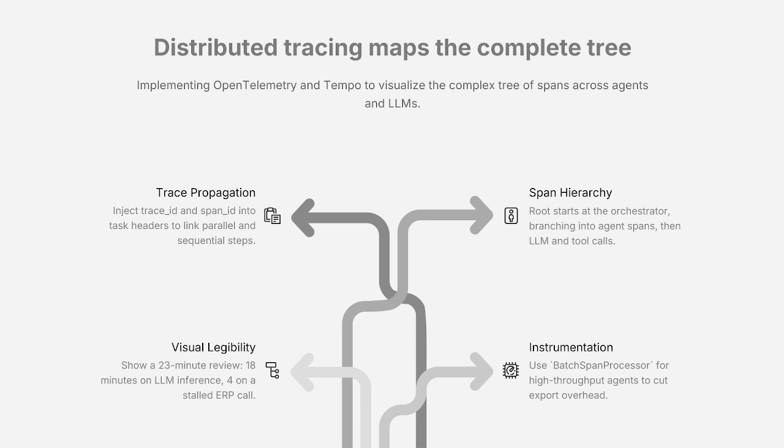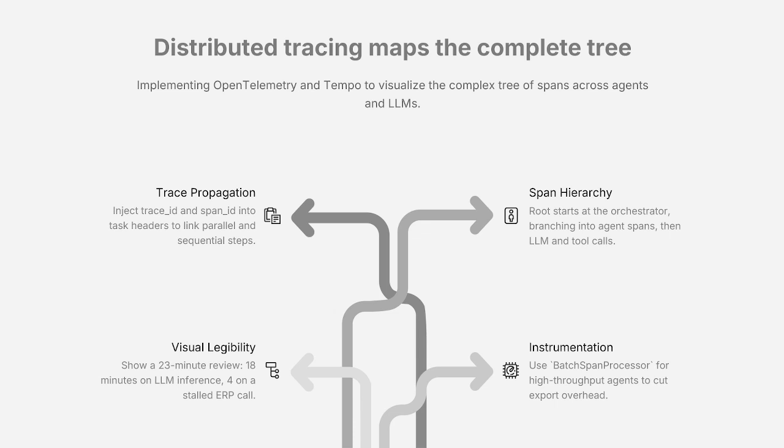And then we have instrumentation. You can use a function like batch span processor for high throughput agents to cut export overhead. So these are the functions you can implement here to measure high throughput. And then we have visual legibility. So show a 23-minute review: 18 minutes on LLM inference, 4 on stored ERP.